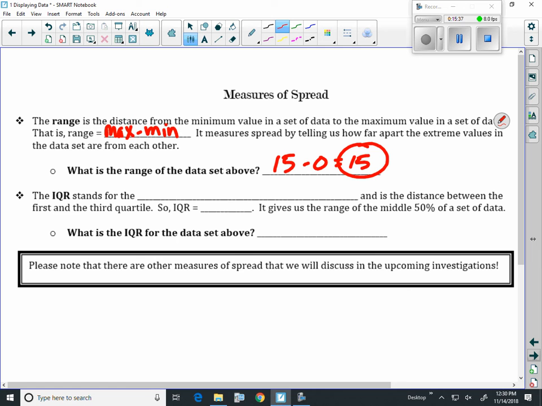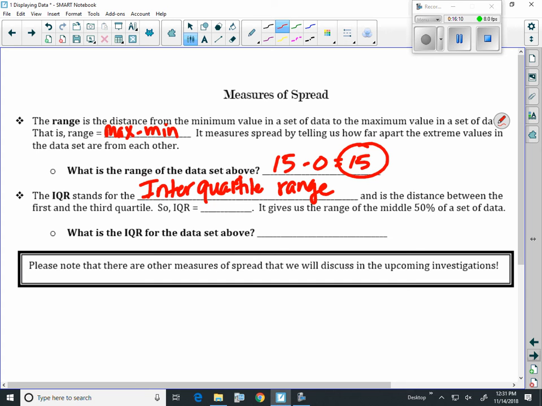The IQR stands for the interquartile range. It's the distance between the first and the third quartile.